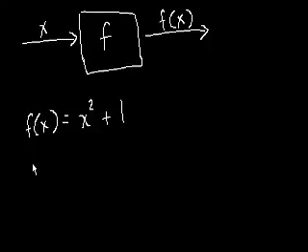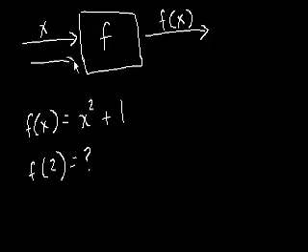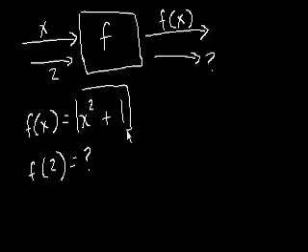Then, if I were to say what's f of 2? Well, that means we're taking 2 and putting it into the box, and I want to know what comes out of the box when I put 2 into it. Well, inside the box, we do this to the input. We take the x, we square it, and we add 1. So f of 2 is 2 squared, which is 4, plus 1, which is equal to 5.